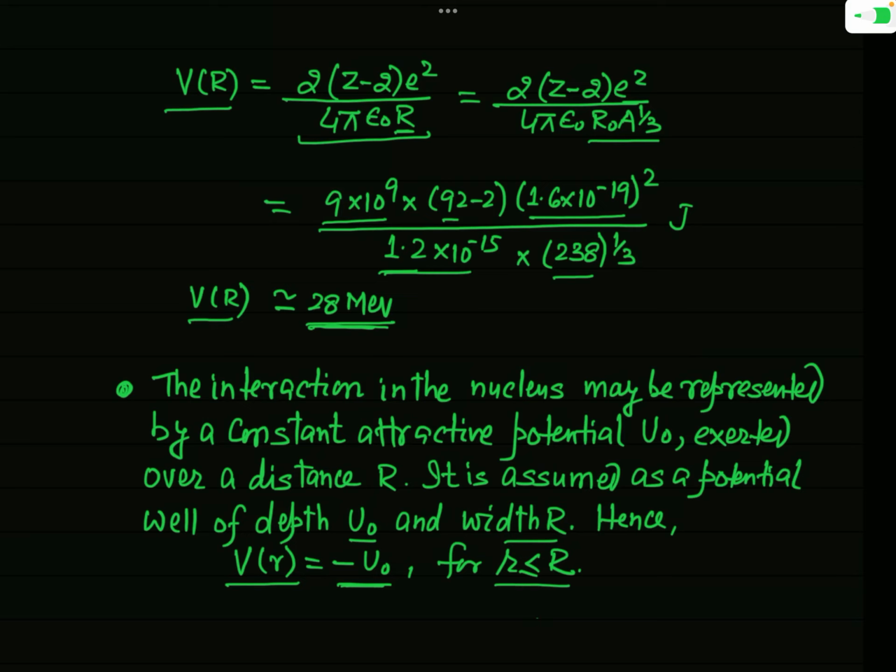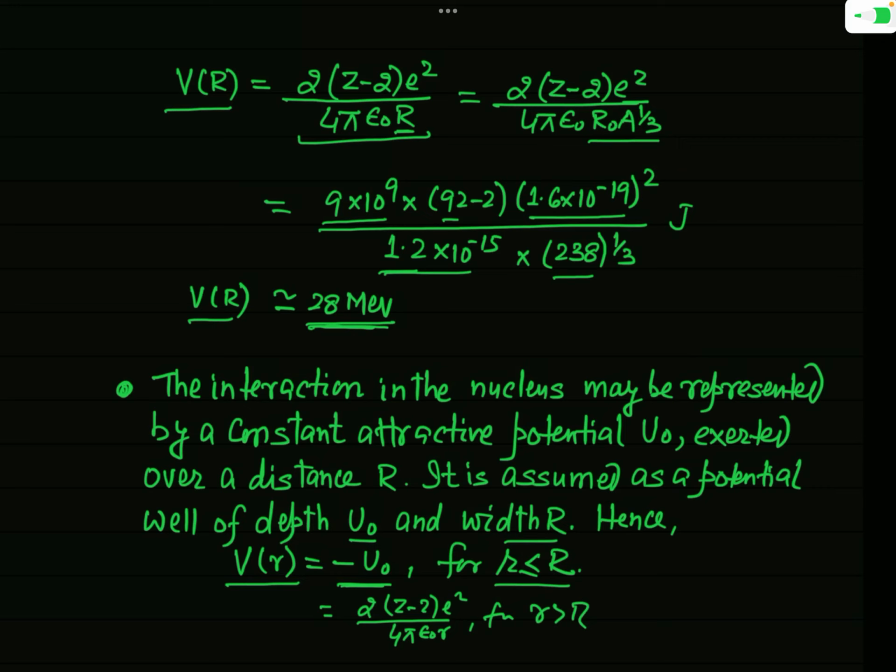We can mention here that this V of r will be equal to 2(Z minus 2) e square over 4 pi epsilon naught r, for r greater than R.